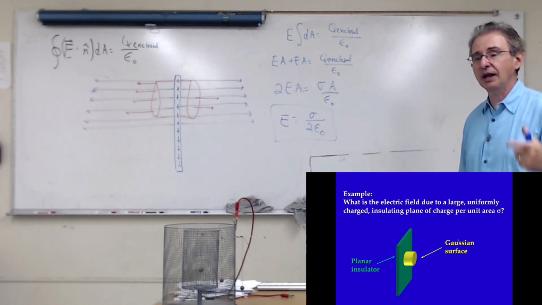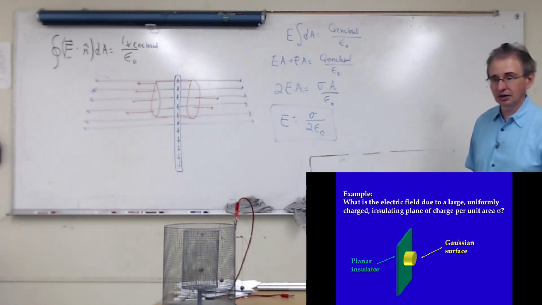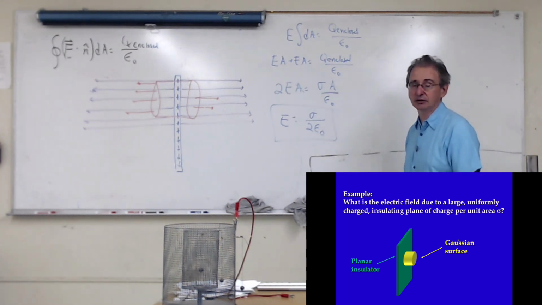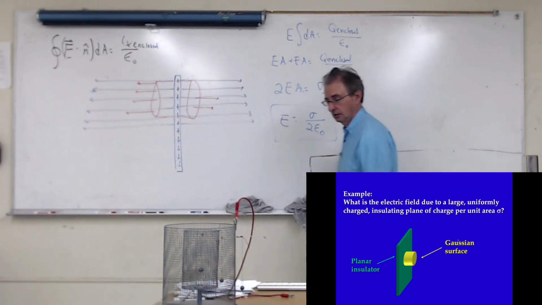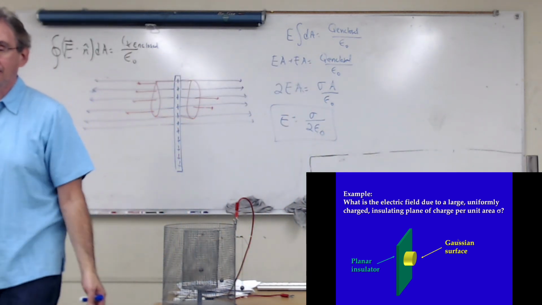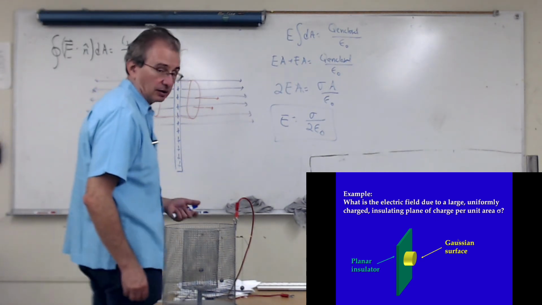If you either make the disk huge or you get real close to the disk, in the limit, you will get this expression for the electric field. Again, you want to prove that to yourself. You shouldn't have me show it to you every time. One thing you should try to do is prove these statements I'm making to yourself. That's how you learn the material.